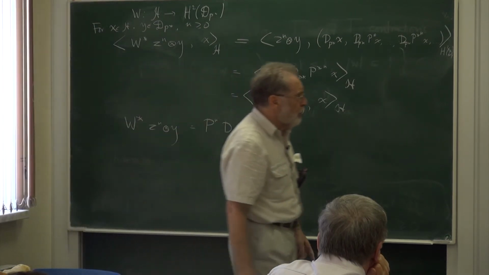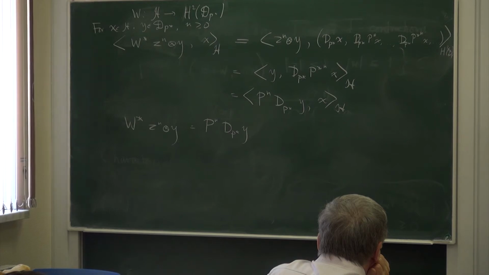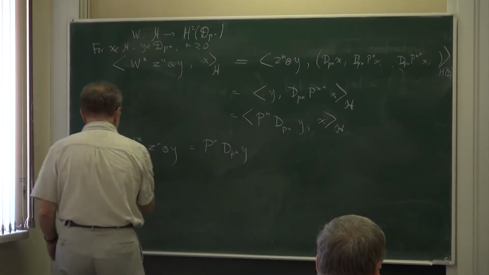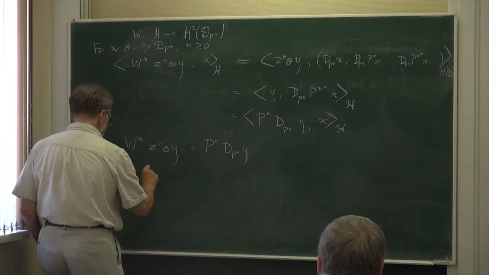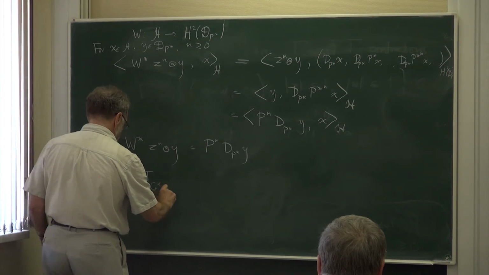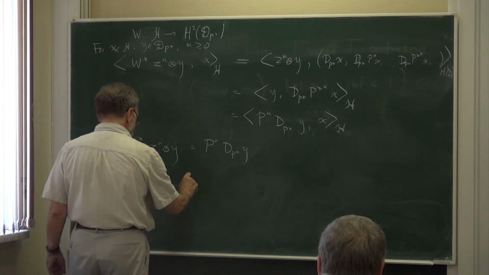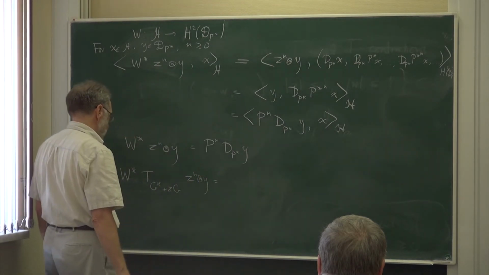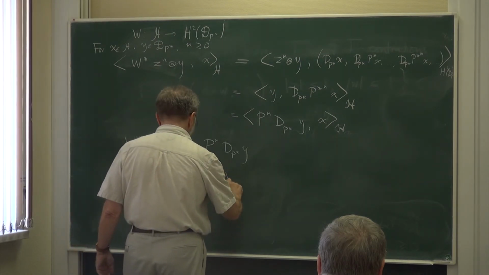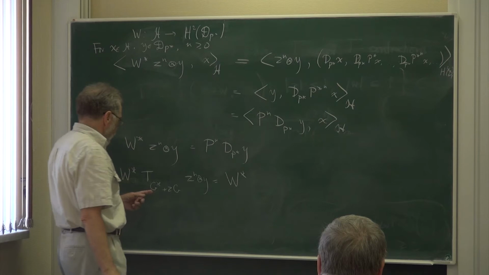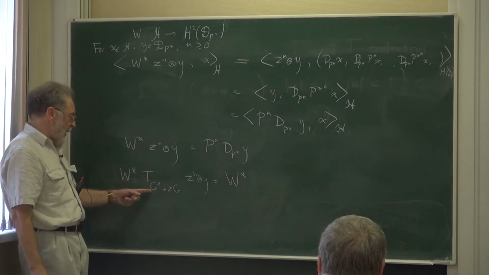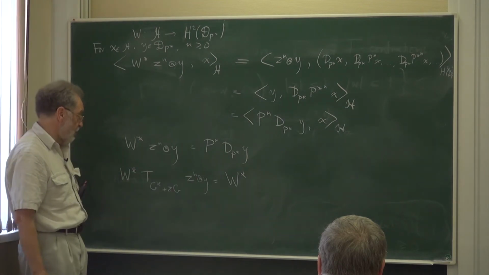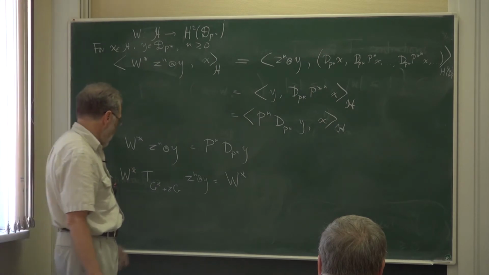And now I'm trying to prove that W* T_{G* + ZG} is S W*. So let's work out W* T_{G* + ZG} on Z^n tensor y. Now this is just an analytic Toeplitz operator. You're just multiplying G* plus ZG times this function in H2. And so what do you get?